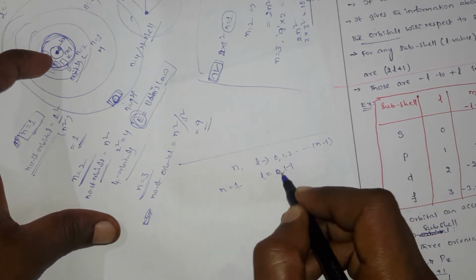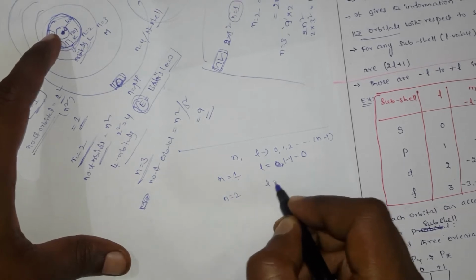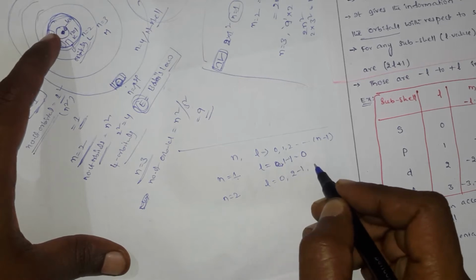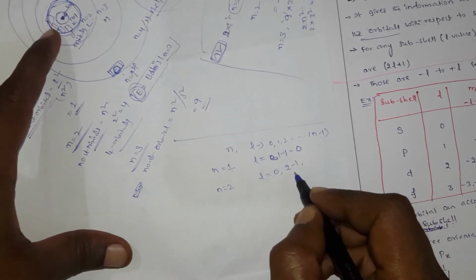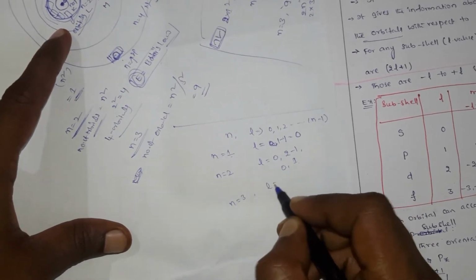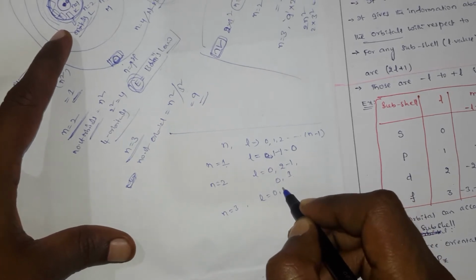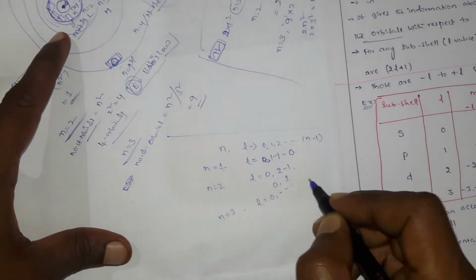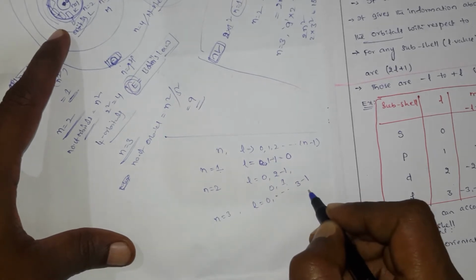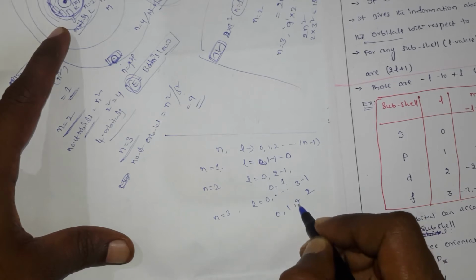So simply you can write only 0. If n is equal to 2, L is 0 to 2 minus 1, and 2 minus 1 is 1, so you can write 0, 1. For n is equal to 3, the L values are 0 up to n minus 1, 3 minus 1, which is 2. So 0, 1, 2.